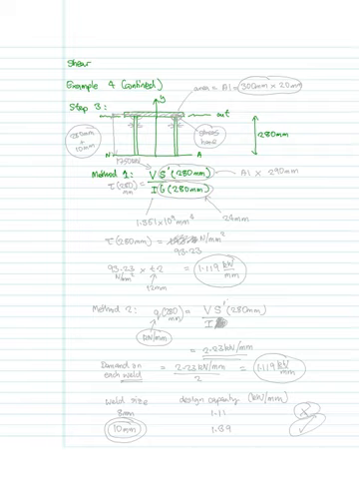Okay, let's just say tau at 280 millimeters is going to give us a stress. So the I, nothing has changed. The I is going to be 1.361 times 10 to the 9 millimeters to the 4th.